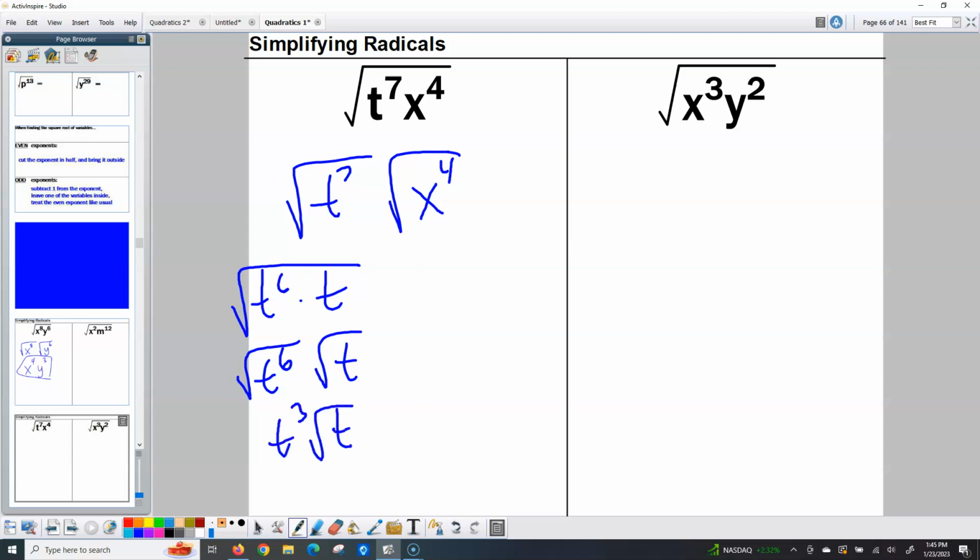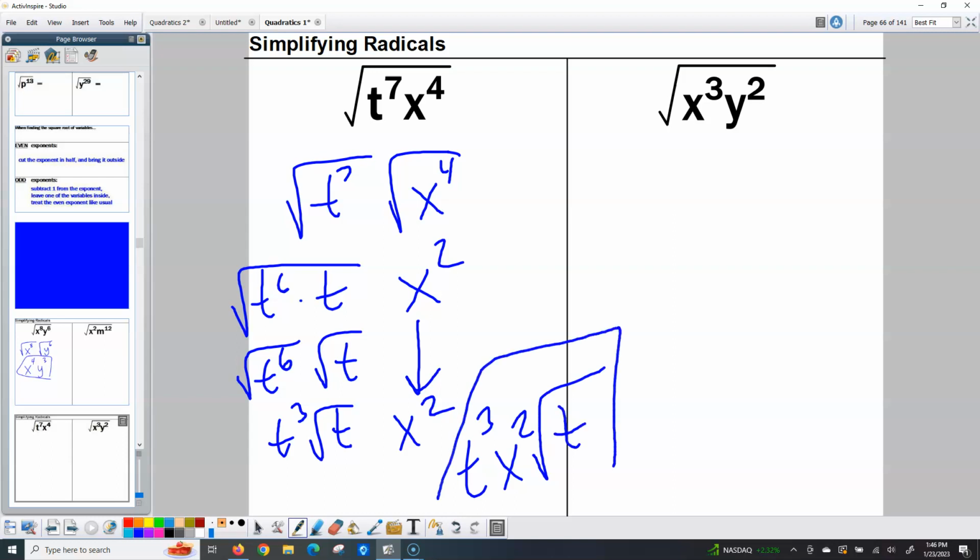And then the square root of x to the 4th, don't forget about it, is x squared. So now I've got to put everything together that's on the outside, and then everything together that's on the inside. So everything on the outside would be t cubed x squared, and on the inside it's just t. That would be my final answer.